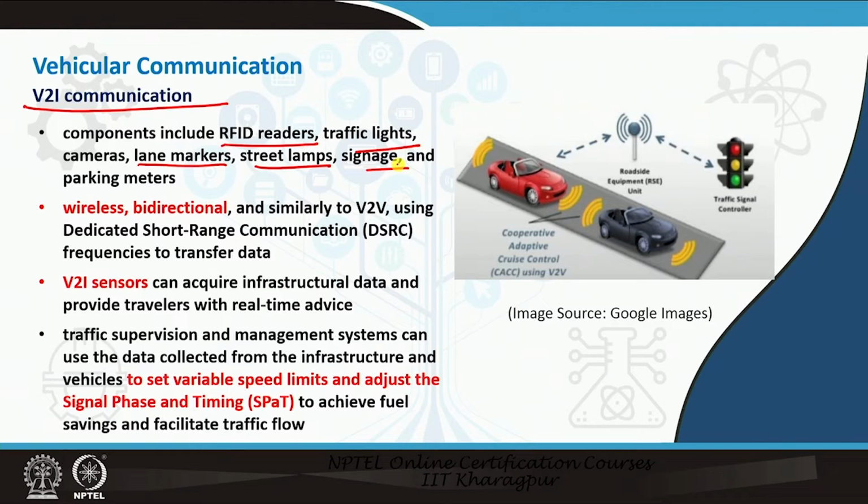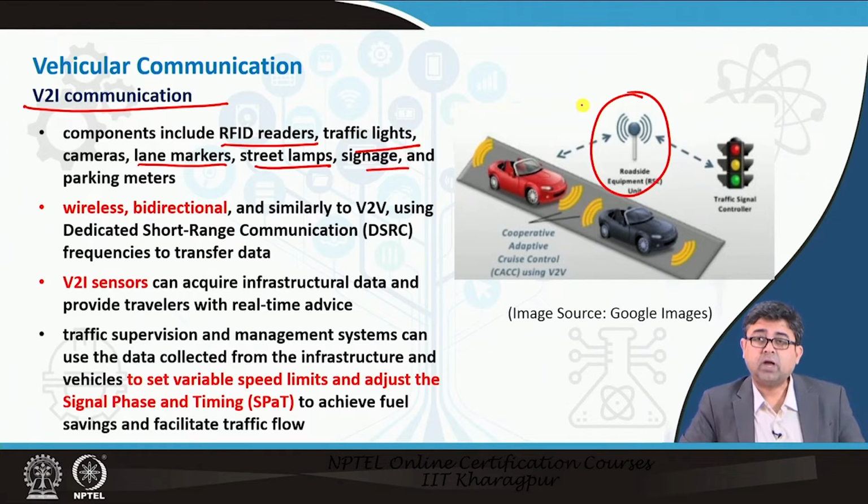parking meters, right. So, parking is something interesting that is happening in some of the urban areas as well. You can have on street parking that can be monitored using vehicle to infrastructure communication.